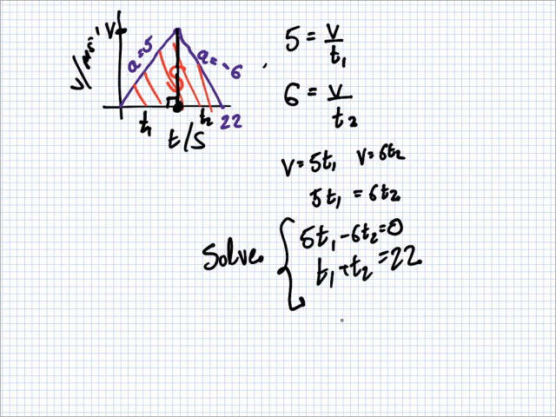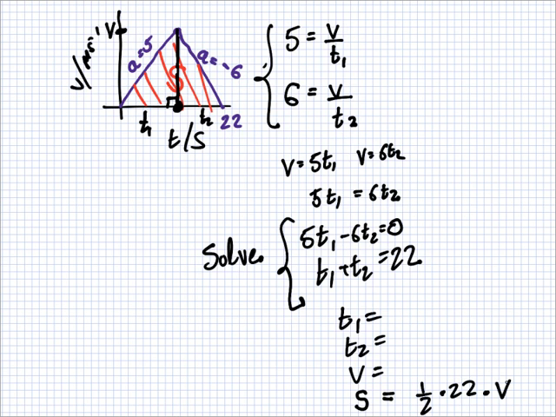The next thing you would do is get T1, get T2, and get V by using any of these. And once you had V you could finally get S, because S would equal the area, which is a half the base by the height.